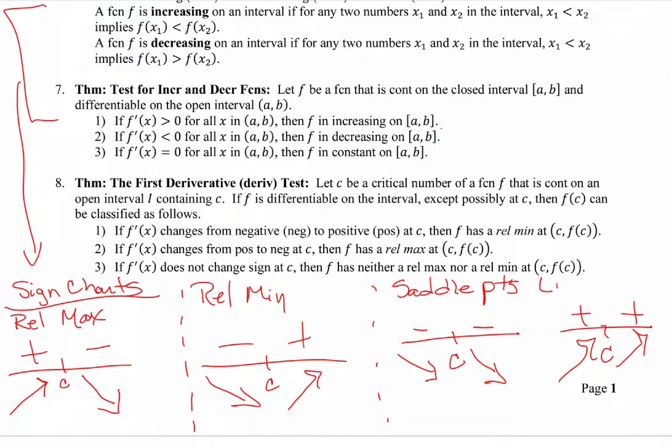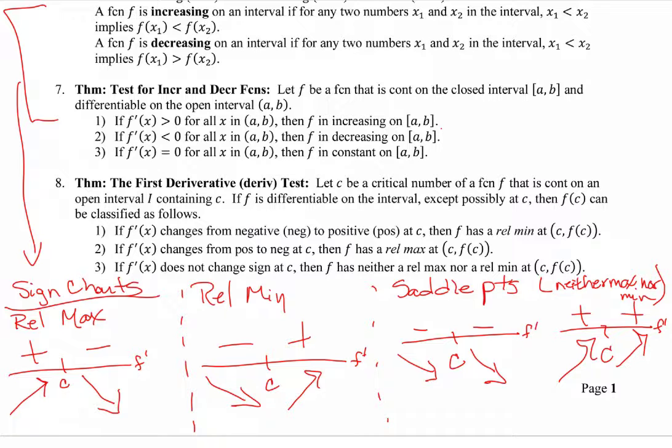These are neither max nor min, and those are your two saddle points. For all of these, I'm going to put a little f prime here because you're only using the first derivative.